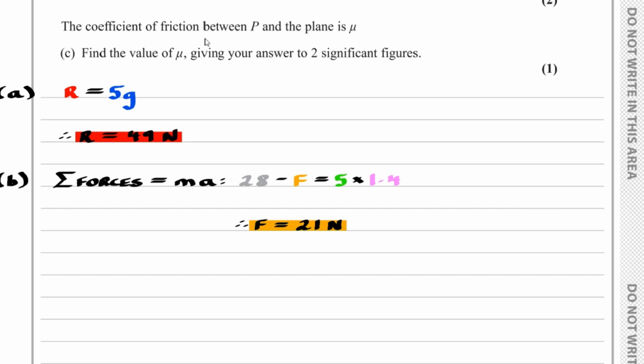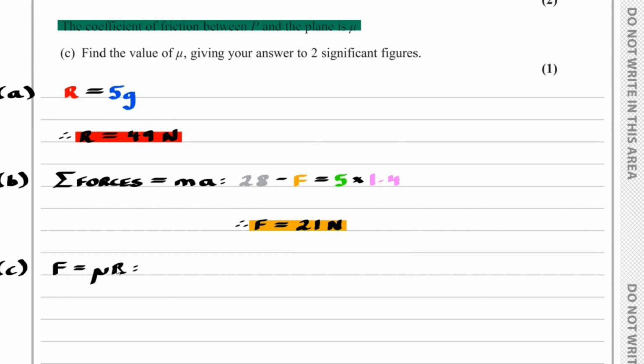The coefficient of friction between P and the plane is mu. For part C, we have to find the value of mu, giving an answer to two significant figures. So we know we have our coefficient of friction between P and the plane being mu, and therefore to find mu, we have to use F equals mu R. So we have 21, that's what F is, equaling mu, which is what we are finding, multiplied by R, which is 49.